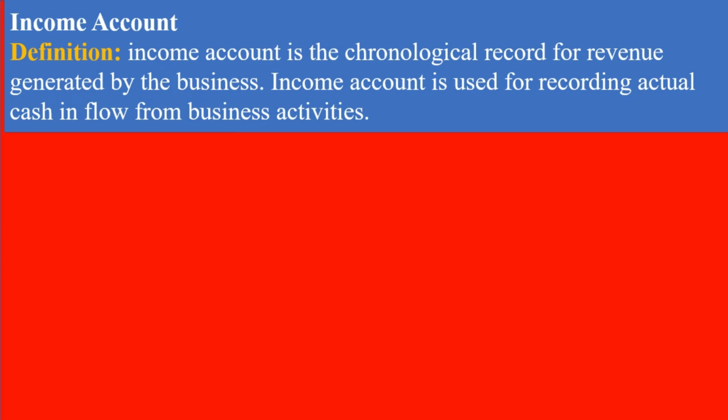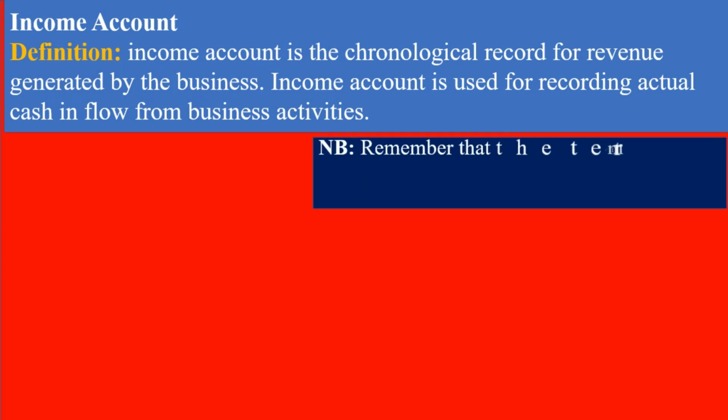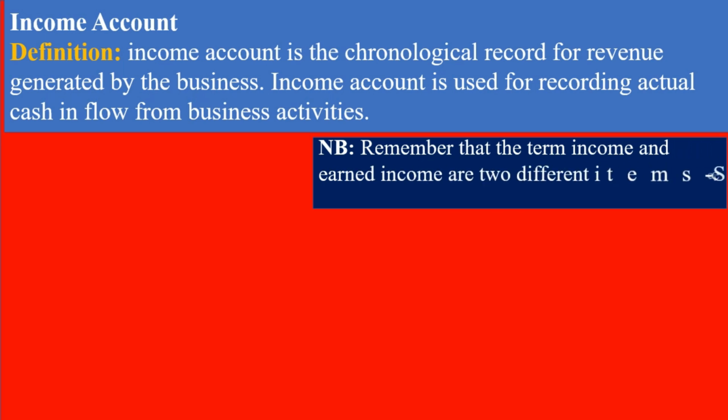Now, income account is used for recording actual cash inflow from business activities. So you need to remember this, that the term income and the earned income are two different items. You can check in our accountingnest.com website for further clarification of where the difference is. Now back to income account.